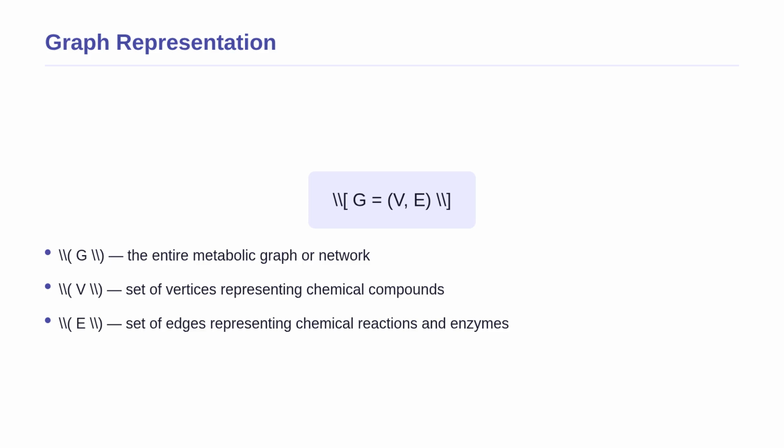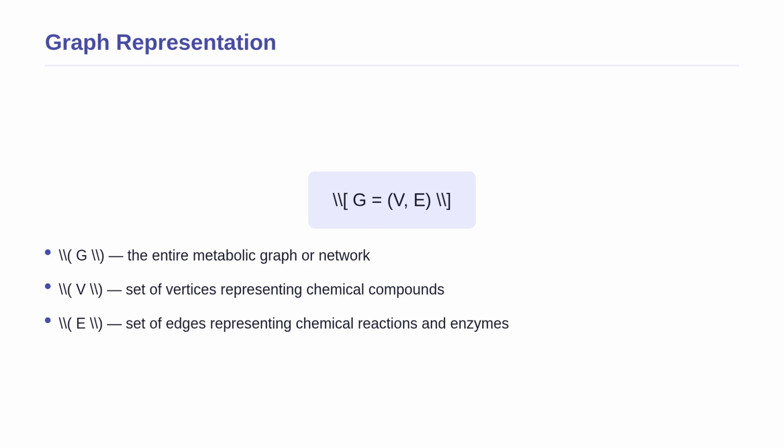This brings us to our first mathematical translation. We represent the entire metabolic network using a simple formula. G equals (V, E). Conceptually, this defines the whole system. The symbol G represents the entire metabolic graph stored in the database.